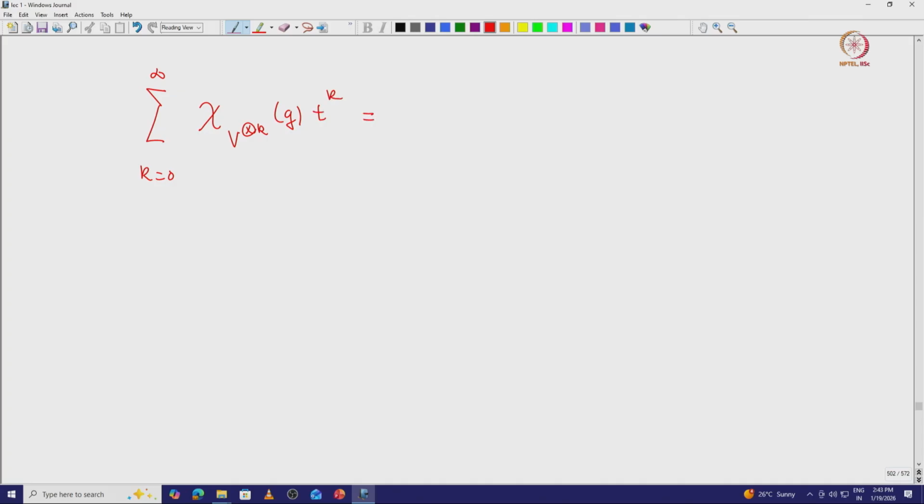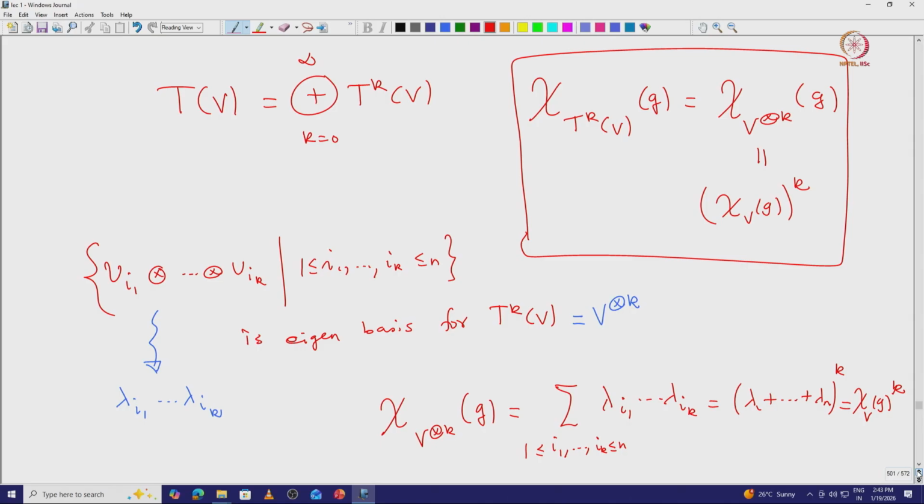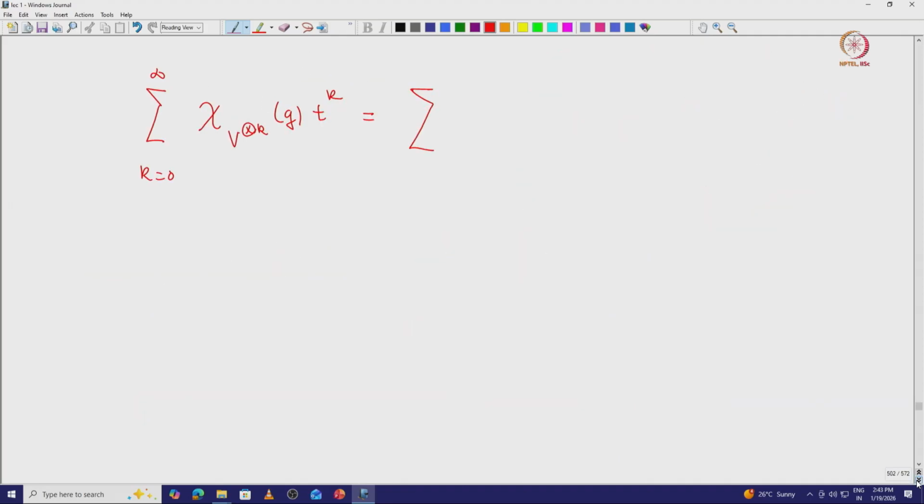We already obtained it in terms of chi V of g: it is just the kth power of chi V of g. If we substitute back, we get the sum over k from 0 to infinity of chi V of g to the power k, t to the power k.